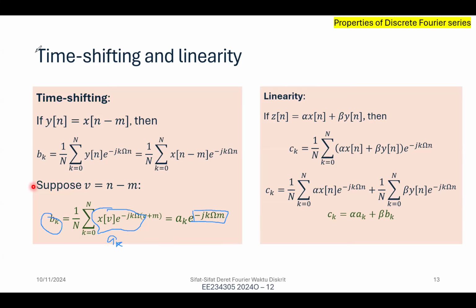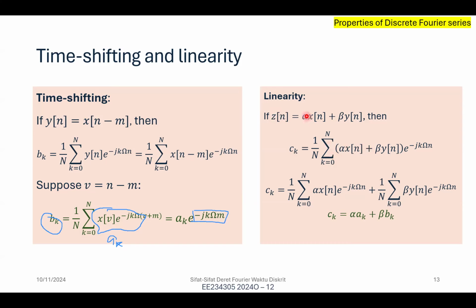The next property that we discuss here is linearity. If we have two signals, xn and yn, where zn is the linear combination of those two signals, what is ck? ck is the Fourier coefficient of zn.